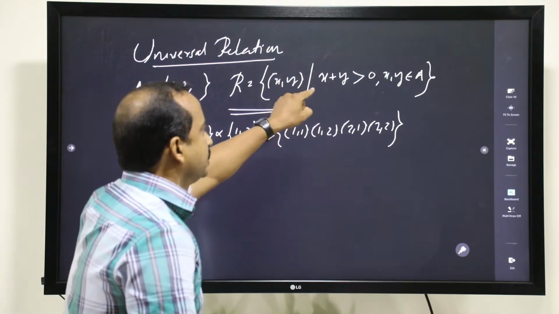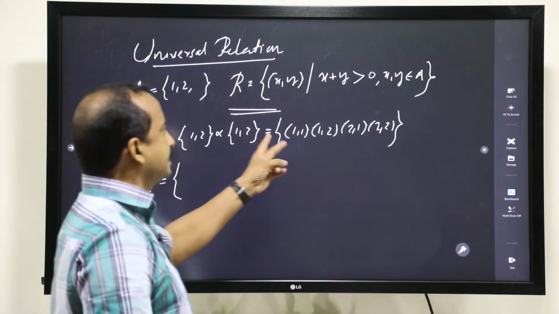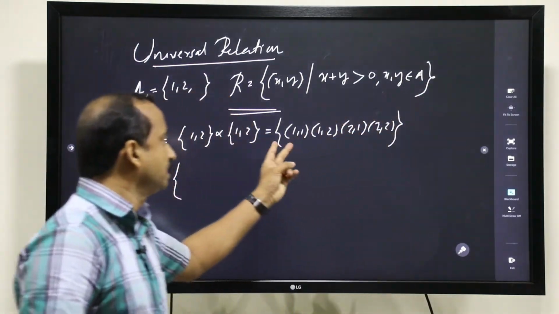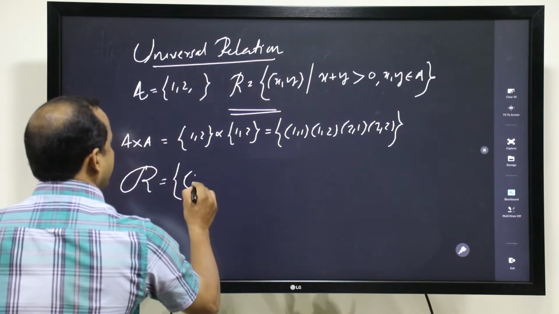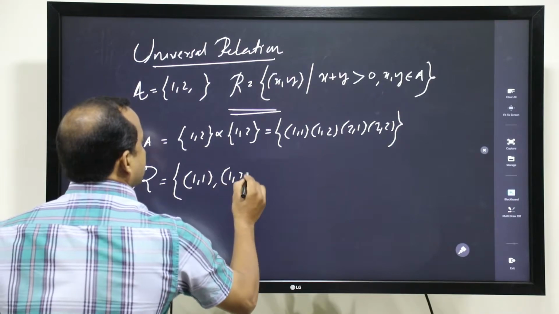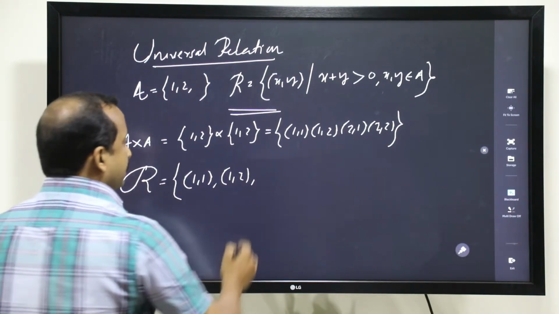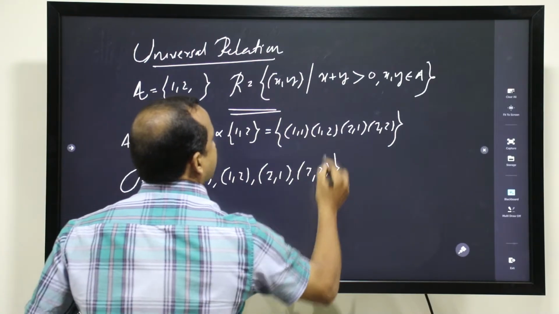How many ordered pairs satisfy this condition? The relation R is x plus y greater than 0. Here 1 plus 1 is greater than 0, that is the first pair. Now 1 plus 2 is also greater than 0, that is the second pair. 2 plus 1 is also greater than 0, the third pair. And lastly 2, 2 also satisfies the given condition.